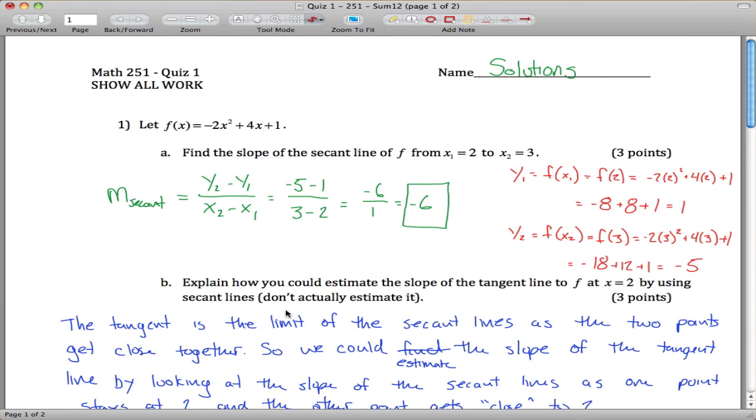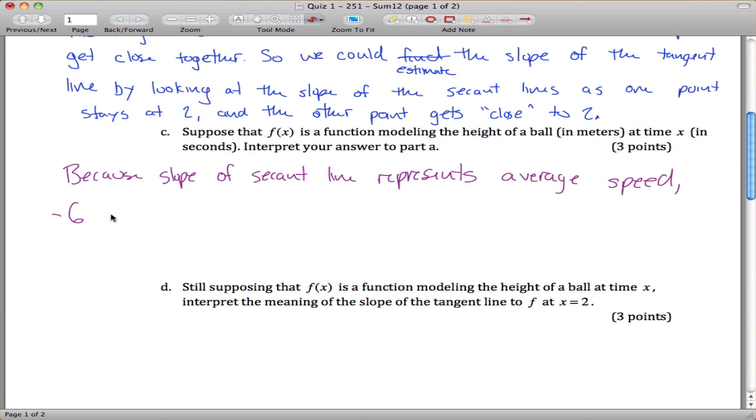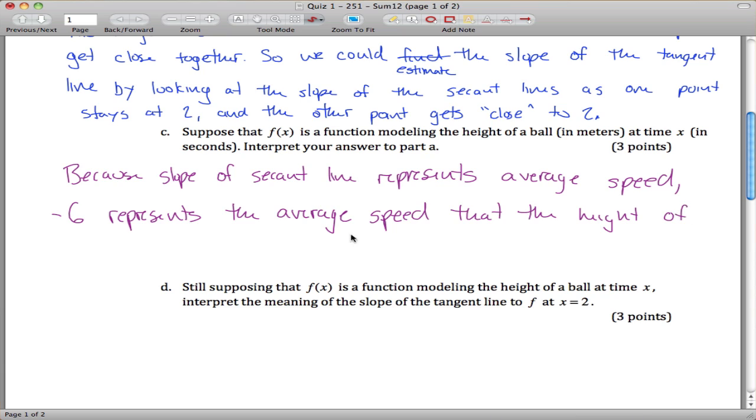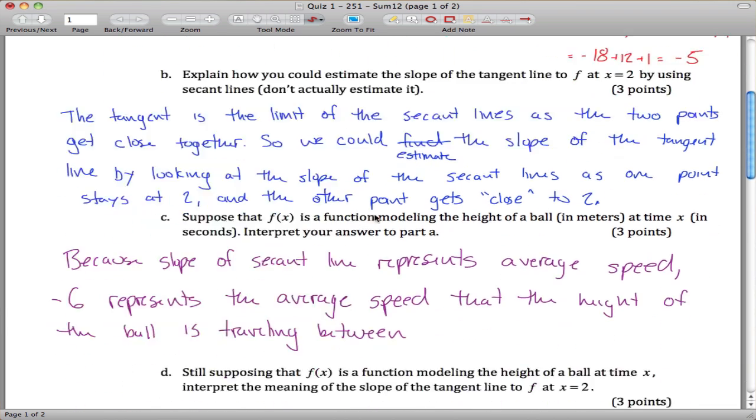negative 6 from up here represents the average, kind of the change in the height, the average speed that the height of the ball is changing, between the two times that we were given up here, between time t equals 2 and t equals 3.